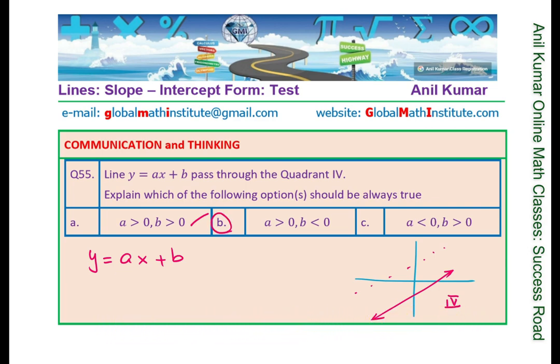Is that clear to you? And if a is negative and b is positive, we have a line which is going to be like that. So that will also not work for us. So option B is the right option. I hope you have understood this kind of question. It is a relatively new type of question for many of my students.